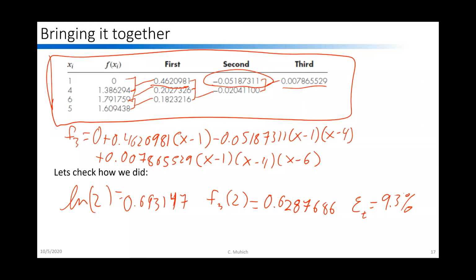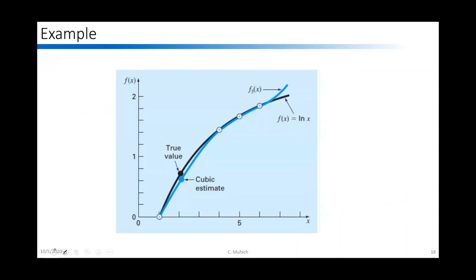And while it's very tedious to go through each of these iterations and calculate each divided difference, it is very computationally tractable. So let's look and see what happens here. That black line, once again, is our true value for f of x. We can see in the blue line the estimate using our Newtonian interpolation.